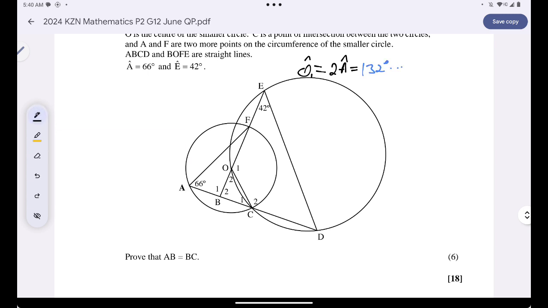The reason is angle at center is 2 times angle at circumference. Okay, are we together? What else do I know? I also know that angle C1 is equal to angle E, which is 42 degrees. Why? This is an exterior angle of a cyclic quad.